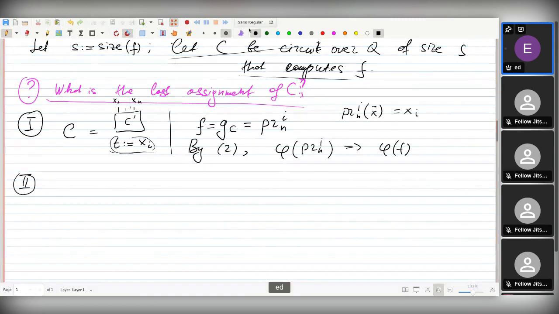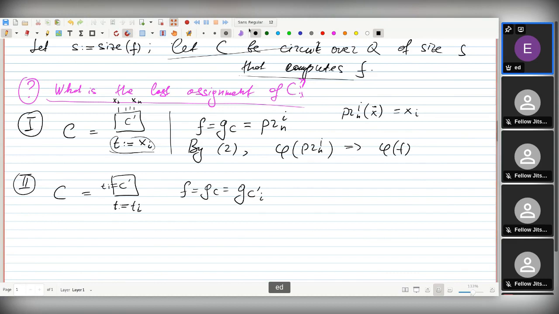Second case, it is also trivial. It is when our last assignment was just something like this: we have already defined some variable ti and now just repeat it somewhere. Now f, which is g of c, is g of c prime i. So it is a function that is computed by this prefix.